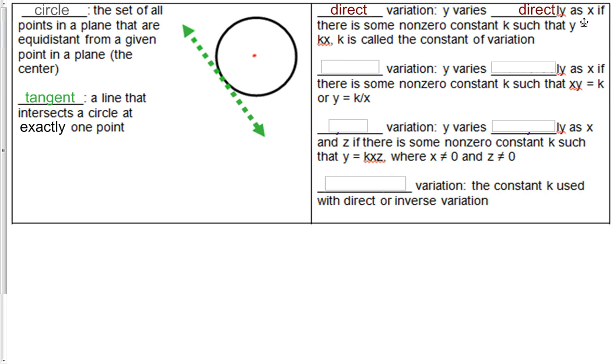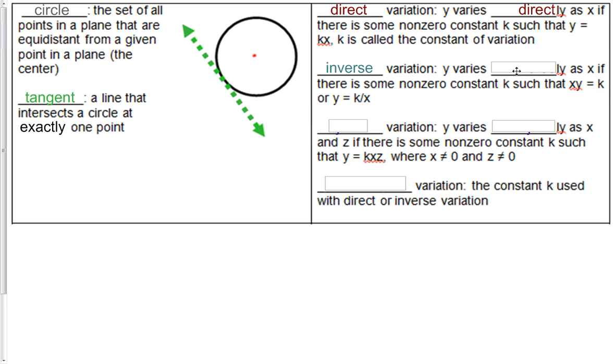The variables are on different sides of the equal sign when there's no fraction. So that's one way to know that you have direct variation. An example of this in real life is, for example, the radius and circumference of a circle. As the radius gets bigger, the circumference gets bigger. As you get older, you get taller. Things like that. These are in direct variation.